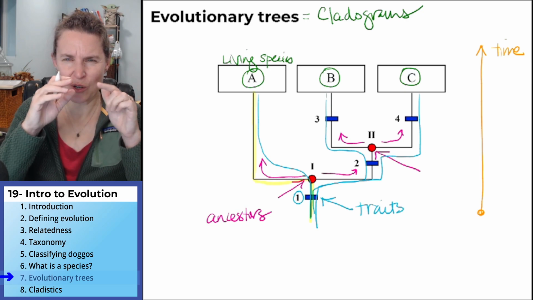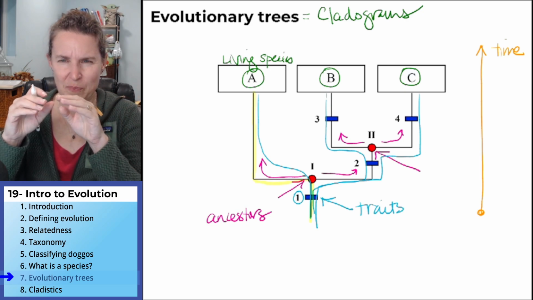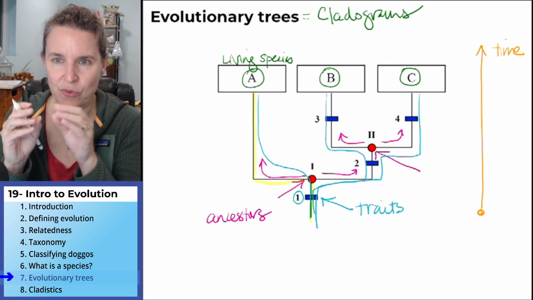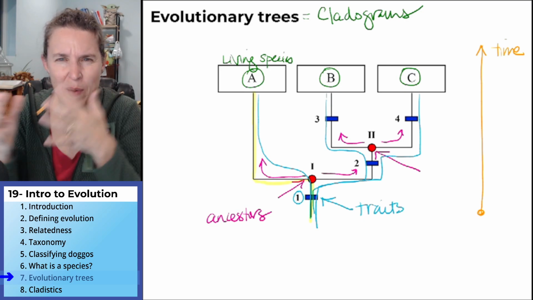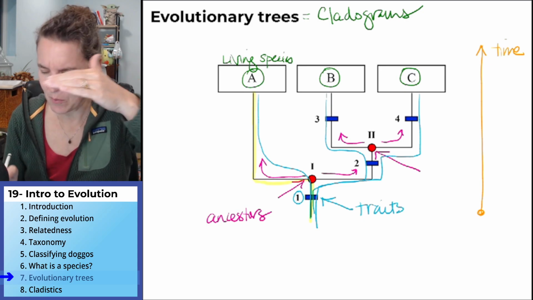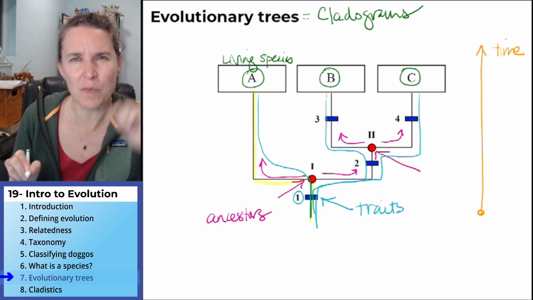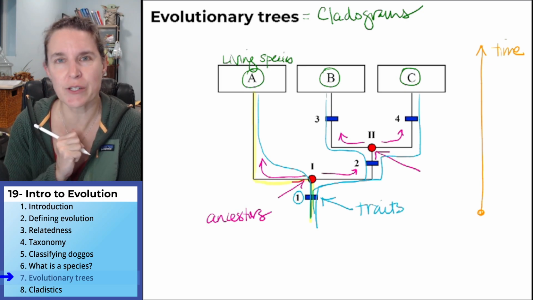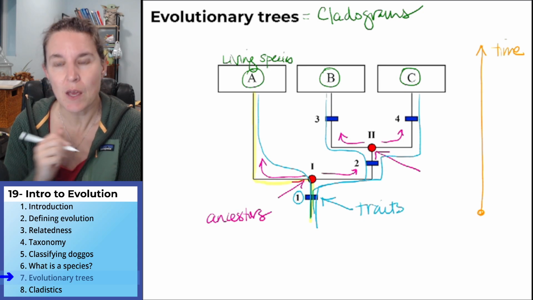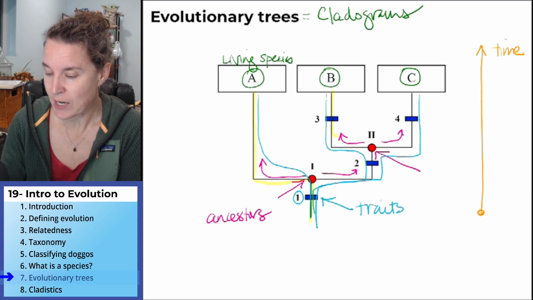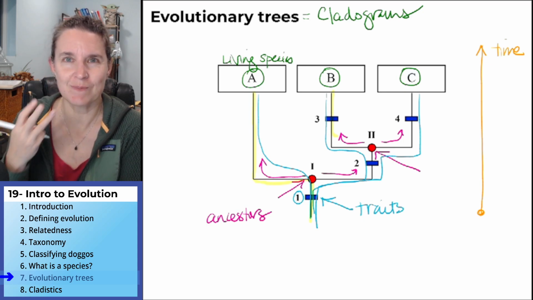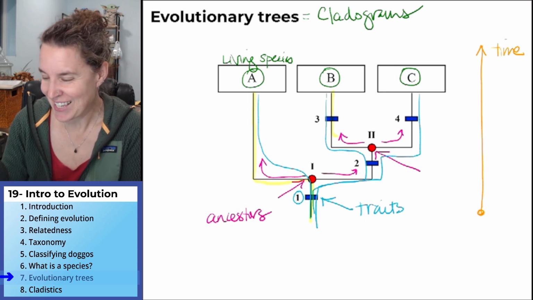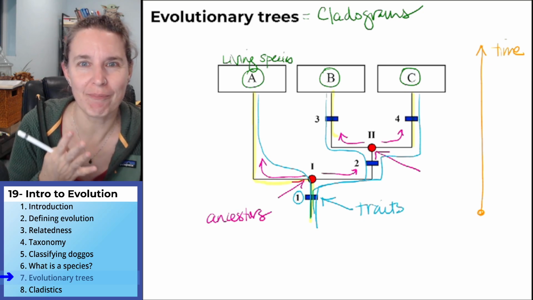Critter A would have to turn back into the ancestor. There's no path that trait number 2 can show up for critter A. But B and C both have trait 2. B has trait 3. And C has trait 4.